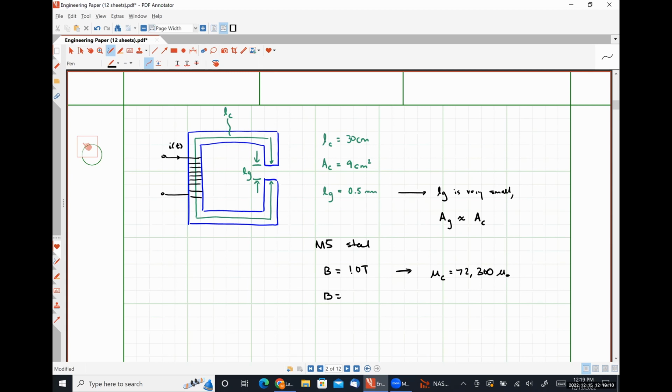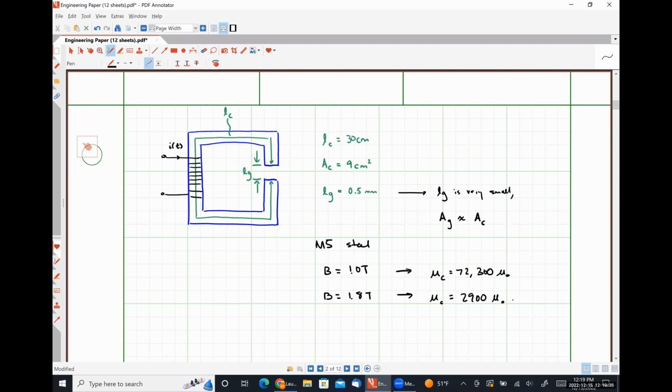And for a magnetic flux density of 1.8 Tesla, we have a core permeability of 2,900 times mu naught. So instead of making us calculate the permeability by looking at B divided by H at a table, I'm just giving you the numbers.